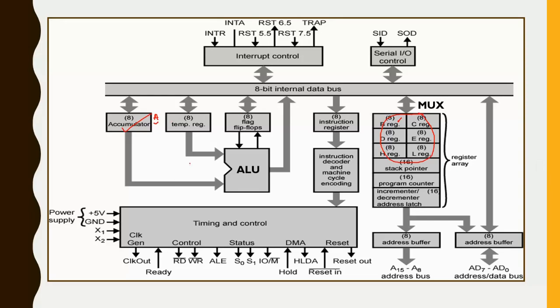The thing you should have in mind is why this A is written separately and why these 6 registers are separate. I'm coming to this point later, right? We have studied the stack pointer and the program counter, which are 16 bits each. And what is this increment and decrement latch? I have told you that if one instruction is executed, the program counter gets incremented.